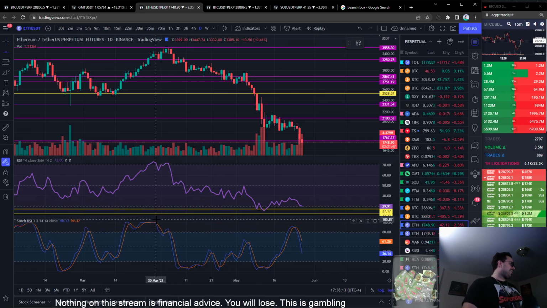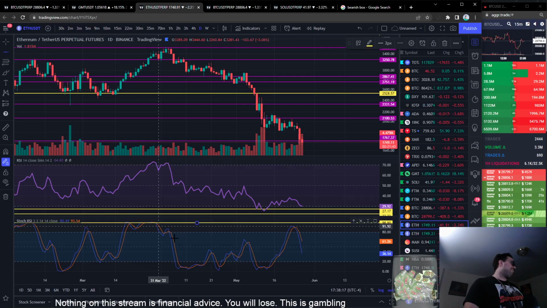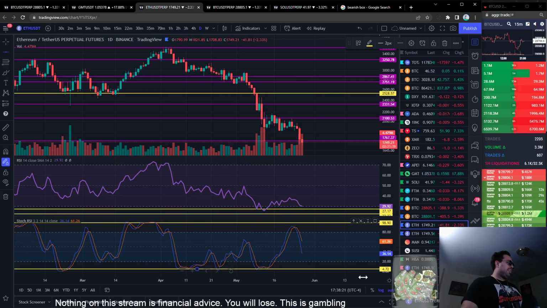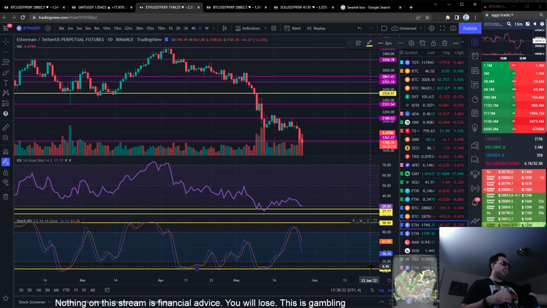In general, at least on the daily, not necessarily on the lower time frames, but on the daily, the weekly and above, the oscillating numbers are between 100 and 0. Stochastic RSI cannot go higher than 100 and cannot go lower than 0. Even though on the chart you can technically draw it in the negatives, it physically can't.